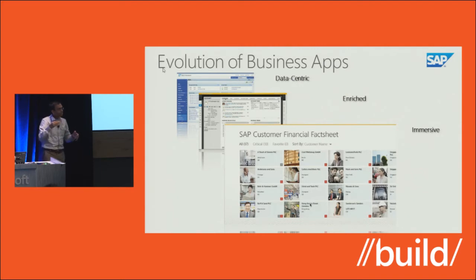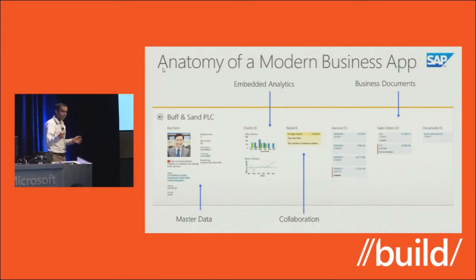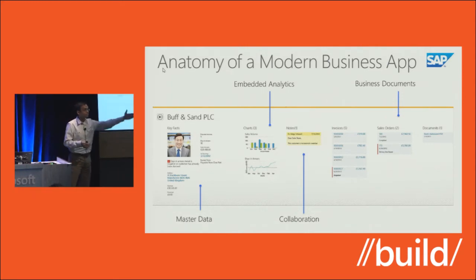So there are so many page clicks happening. And we'll see how, in the case of a modern business app, they're combining all those things provided through different applications into a single application. We'll see that in a minute.